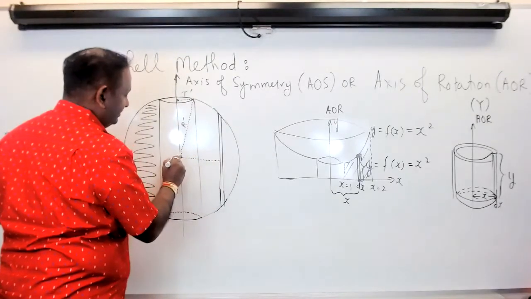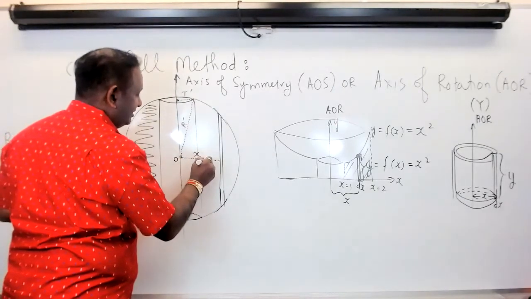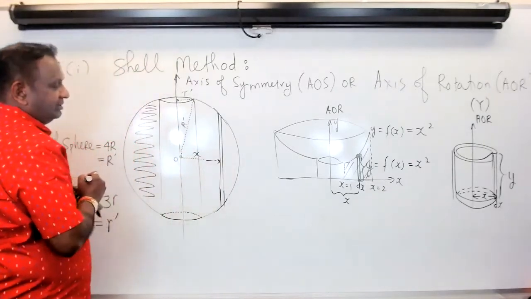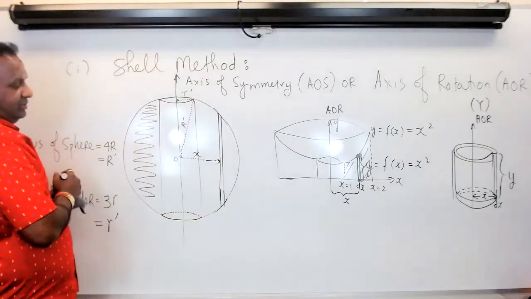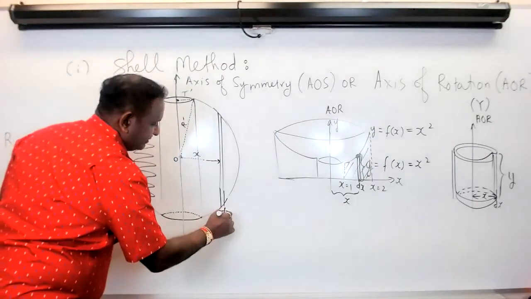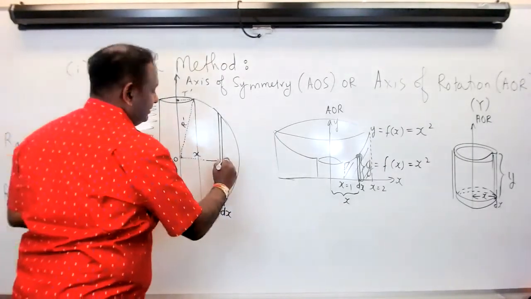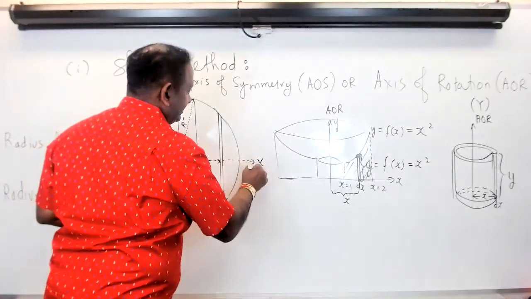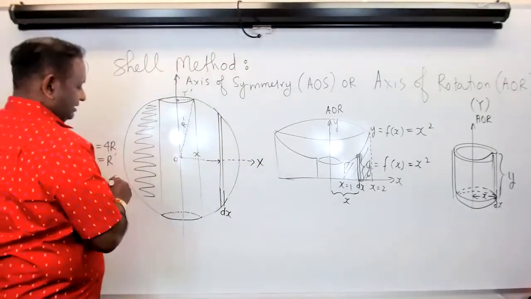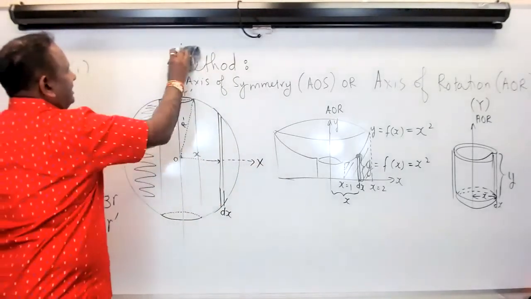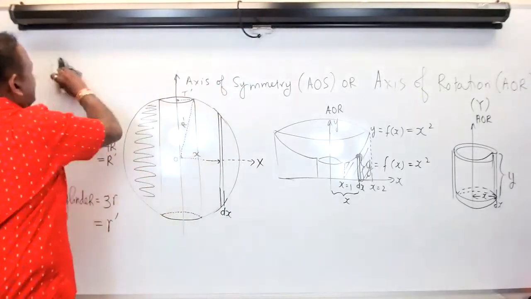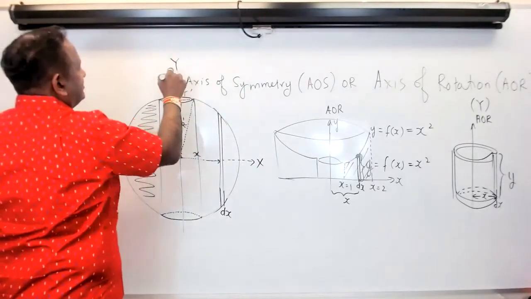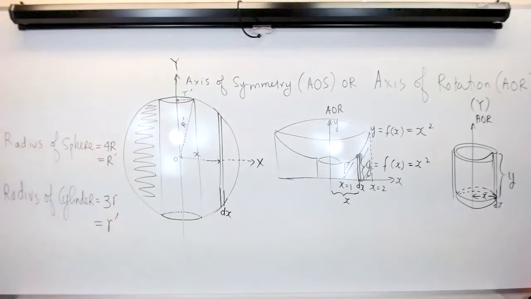Let's call this one 0 for your convenience. x from here with the thickness of dx. Thinking that this would be your x-axis, and this would be your y-axis. That's the axis of rotation.